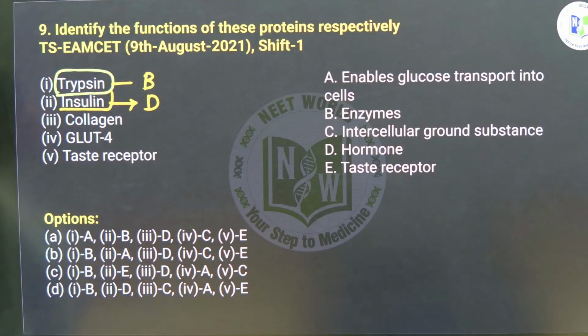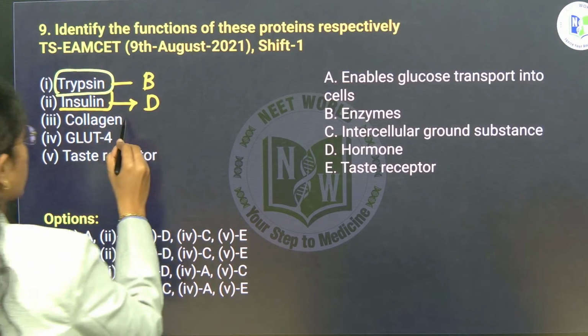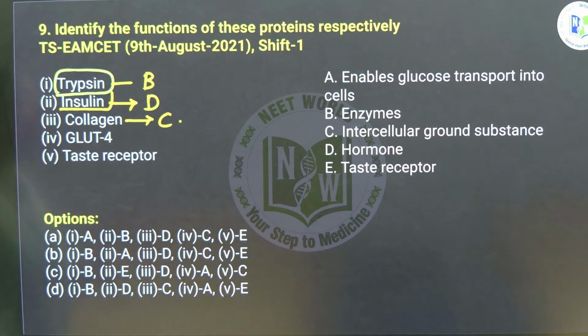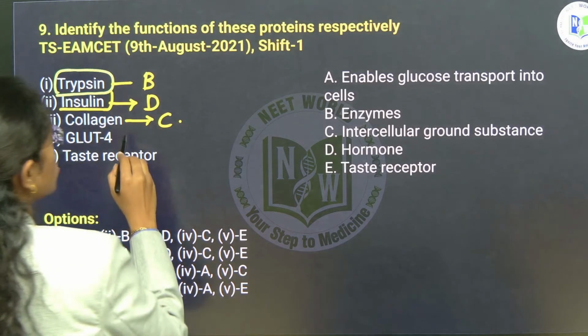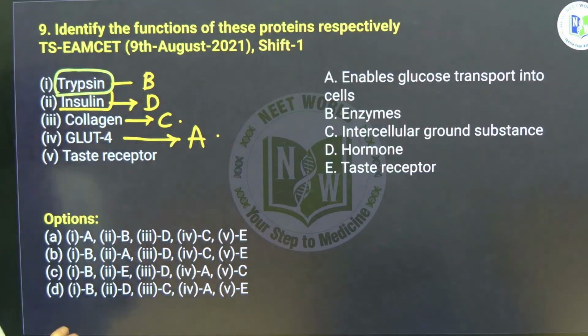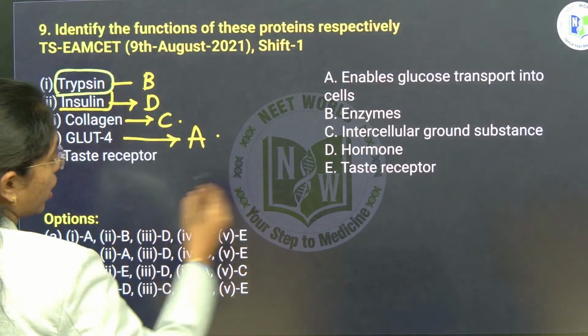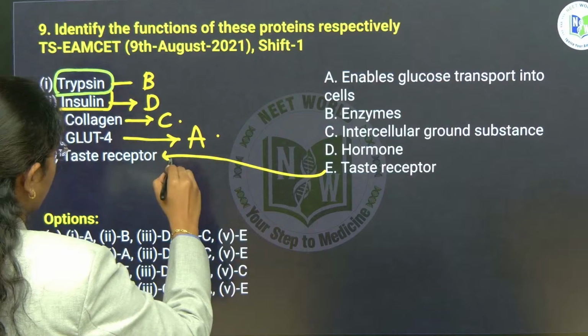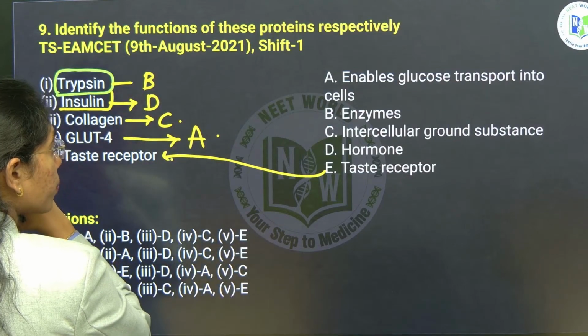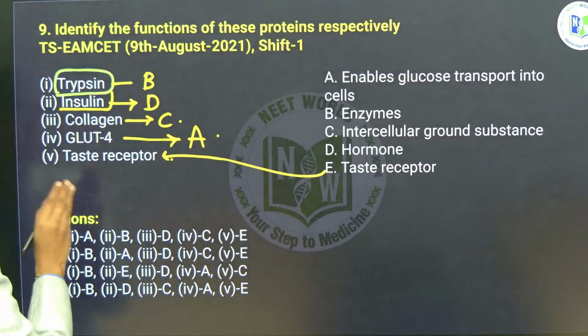Collagen is an intercellular ground substance, that is option C. Fine, right? Next is GLUT4, which will help in glucose transport. This acts as glucose transporter, which is option A. Taste receptor, okay, which you can consider as option E. Fine.